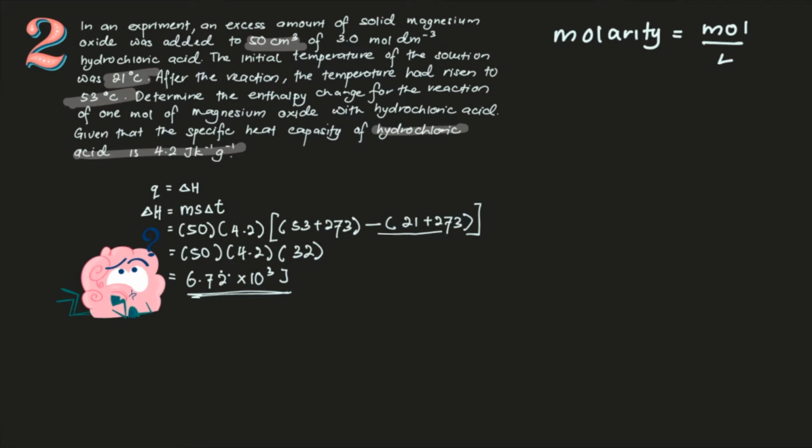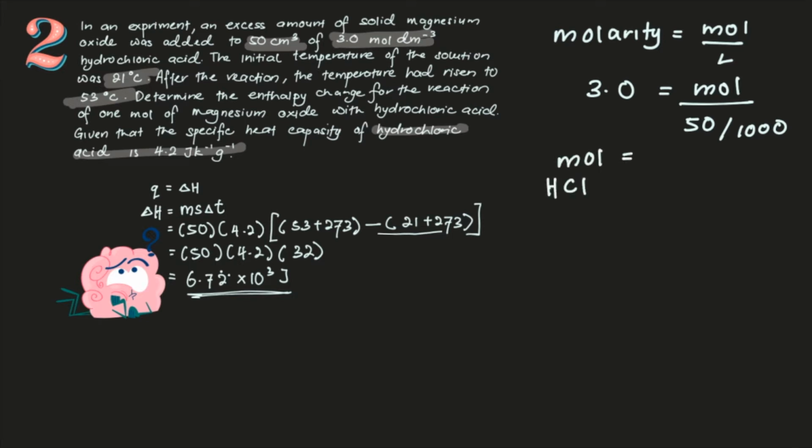From the question, you know that the molarity for your hydrochloric acid is 3.0, so you can write here 3.0 equivalent to mole over liter. Because you only have 50 centimeter cube of hydrochloric acid, and 50 centimeter cube is equivalent to 50 milliliter, you want to convert it to liter, so 50 divided by 1000. So you will get your number of mole for hydrochloric acid is equivalent to 0.15 mole hydrochloric acid.